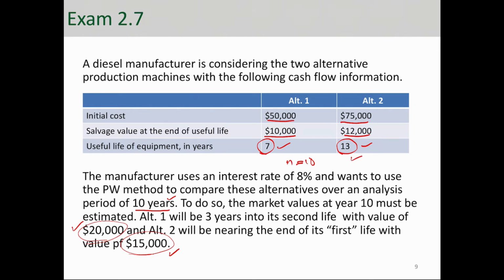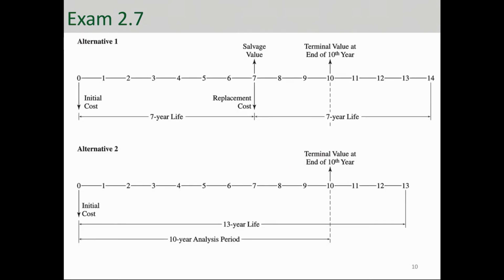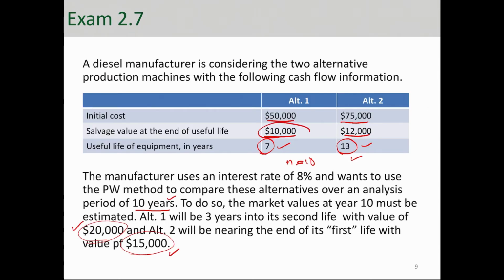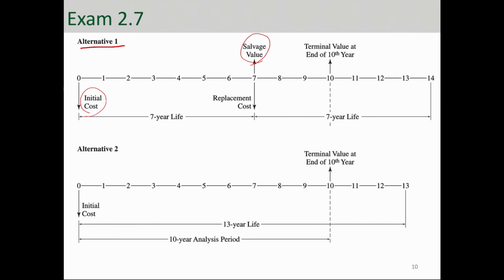So let's get everything on a cash flow and compare these two. So here we have alternative 1. You purchase the machine at year 0, and then at the end of year 7, you sell it for the salvage value, and it seems like the salvage value for that is $10,000. And then you would have to purchase that machine again. So the same investment occurs.